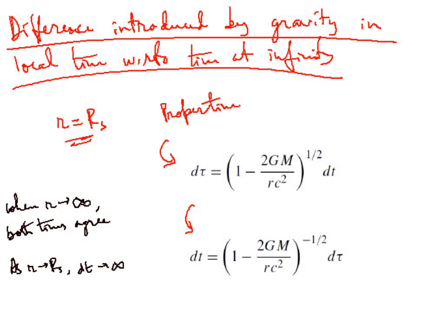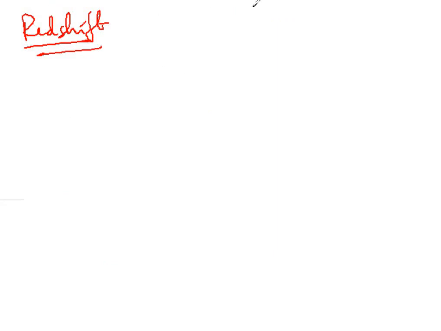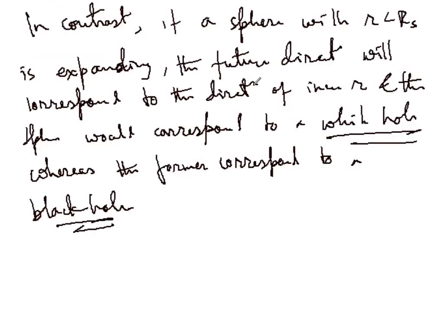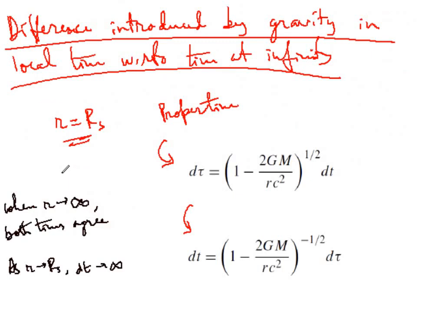Now there is another very interesting effect, which is that of redshift. A direct consequence of the difference introduced by gravity in the local time with respect to time at infinity is that the radiation that escapes from a given radius r greater than the Schwarzschild radius will be redshifted when received by a distant and static observer.